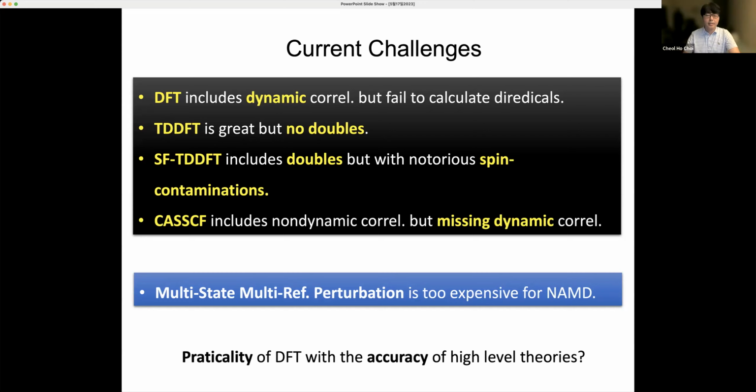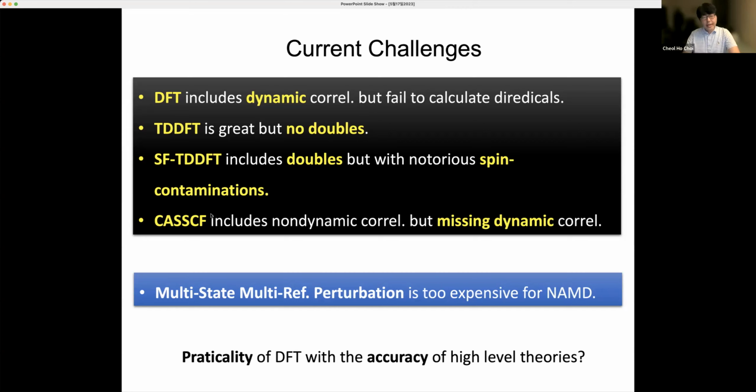That causes some troubles in many cases. And there's yet another very nice theory, to me a wonderful theory at that time: spin-flip TDDFT, that actually includes doubles, but there is a problem, spin contamination. Sometimes it's very severe. You cannot identify its spin states.